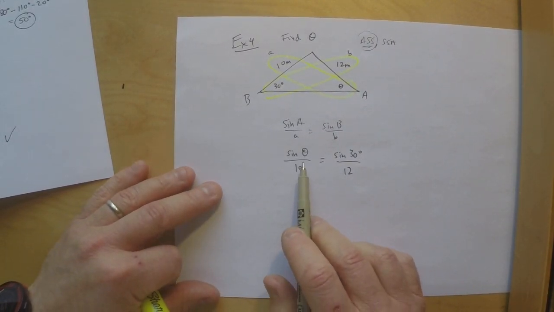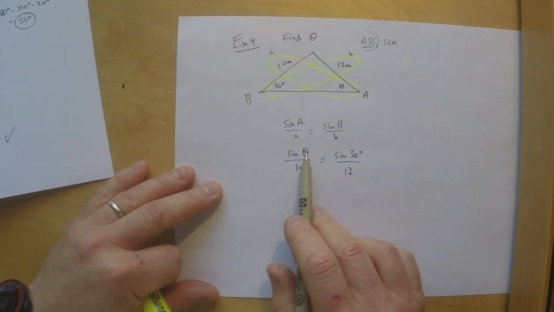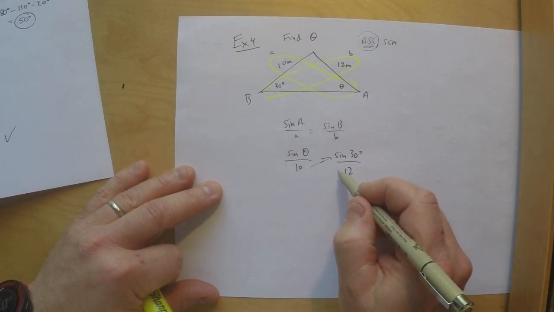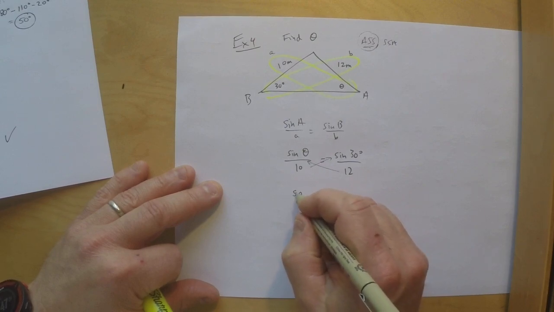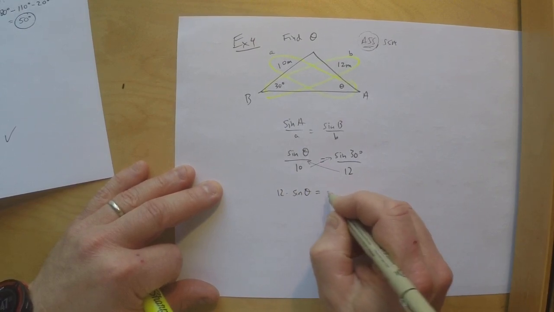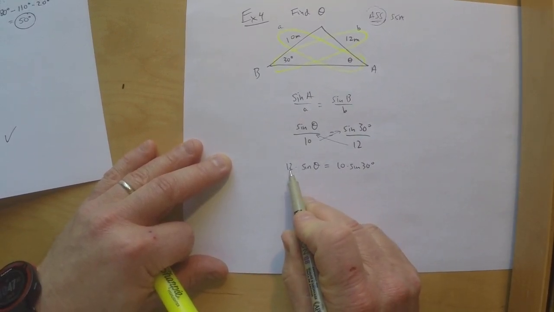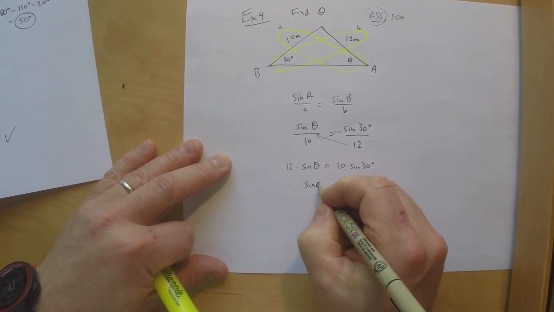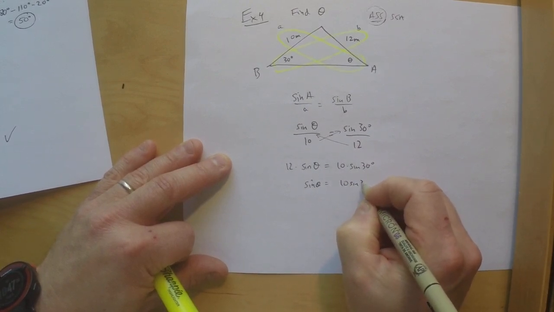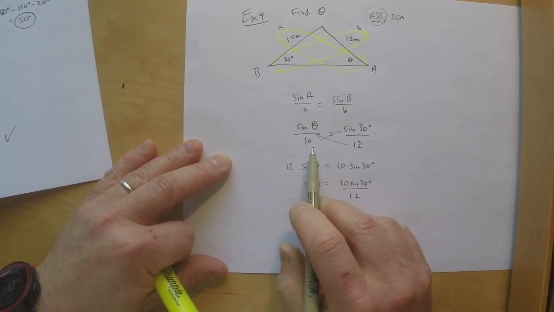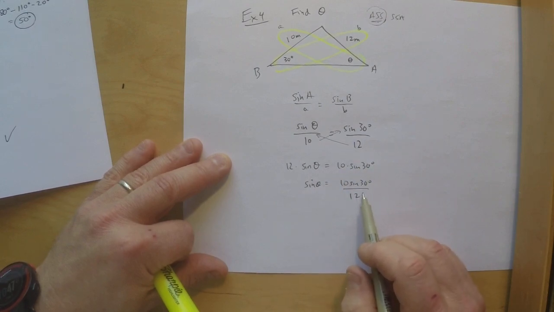And then from here, solving for this is a little bit different. You still cross multiply. So you're going to get 12 times sine theta equals 10 times sine 30. You want to divide by 12. Now sometimes people can jump right to here. I can almost just multiply the 10 across and get to this.